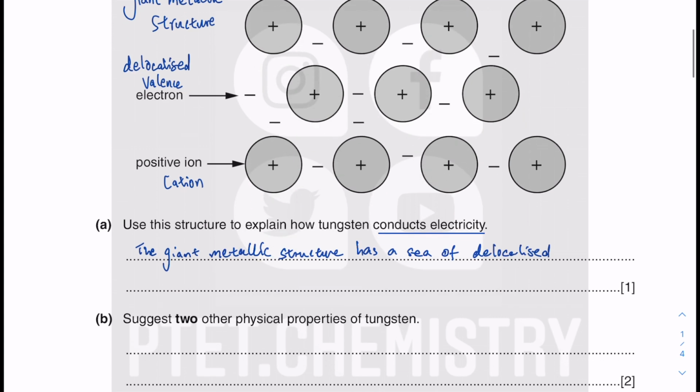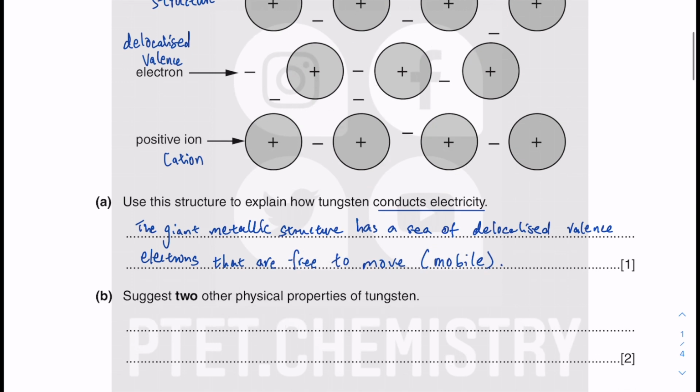That is, it has a sea of delocalized valence electrons, and these are mobile. They are free to move, which means they are mobile electrons, and therefore can conduct electricity.